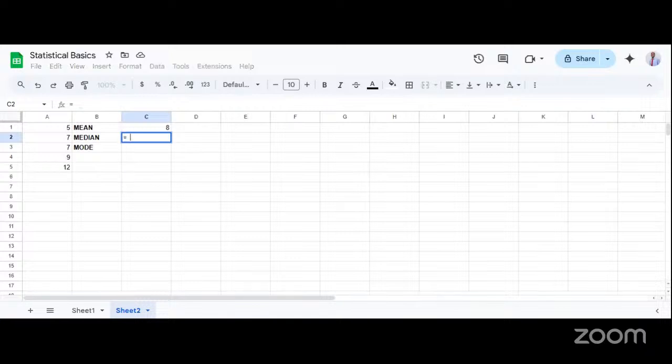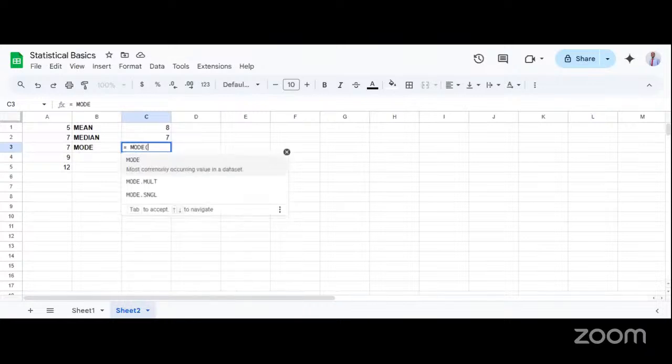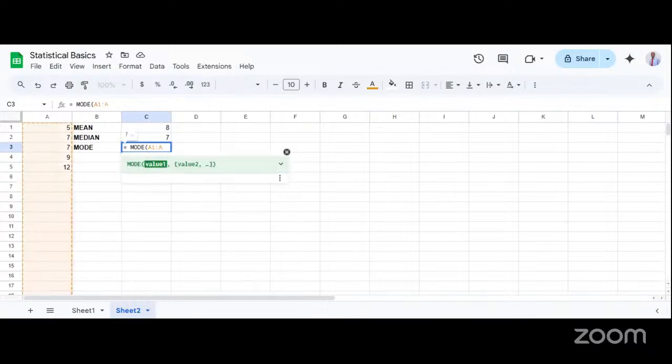Then for median, equal to median, A1 to A5. So this is how to get our median. Then mode, you write your mode function name, then A1 to A5.